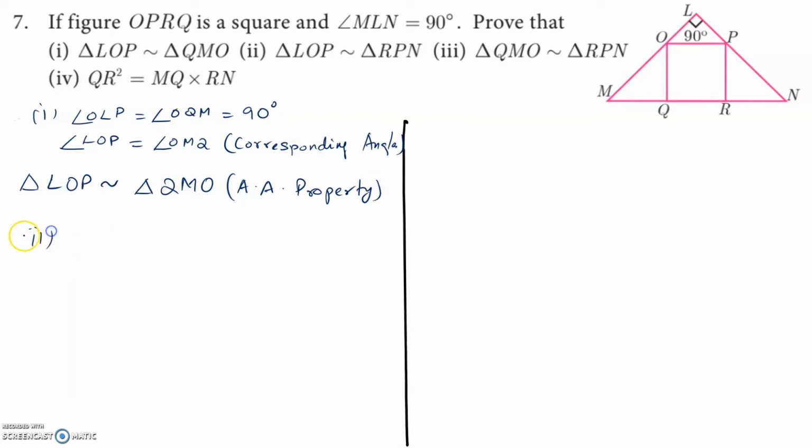Let's go to the second one, where we need to prove that triangle LOP is similar to triangle RPN.